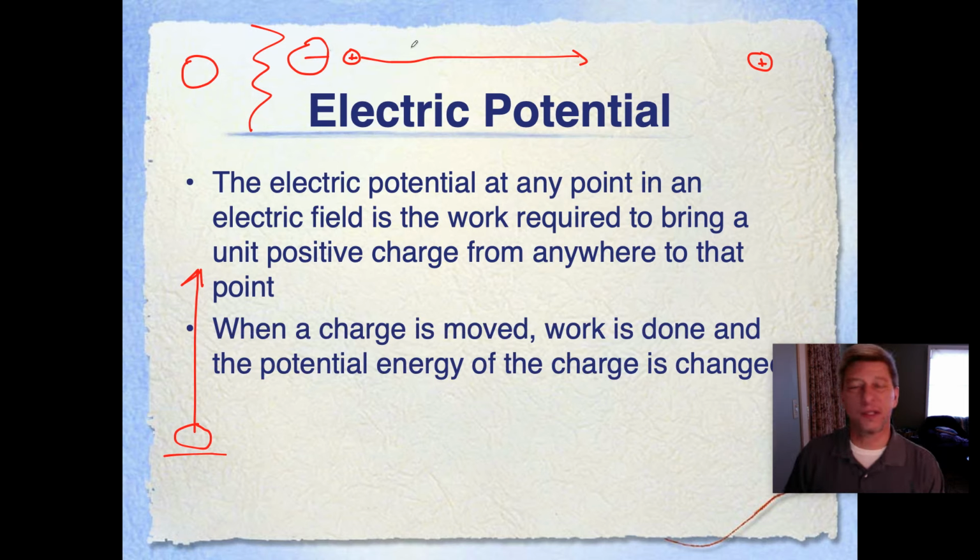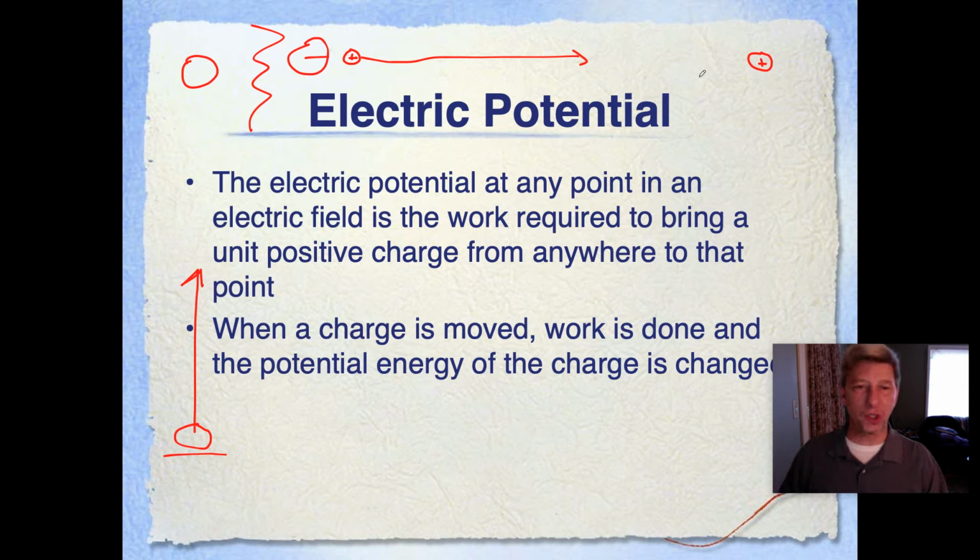This is the same concept that we're dealing with gravity. All right, the positive test charge over here doesn't want to be over here. It wants to be where the negative charge is. So by doing work on it and pushing it over this way, I've given it electric potential.